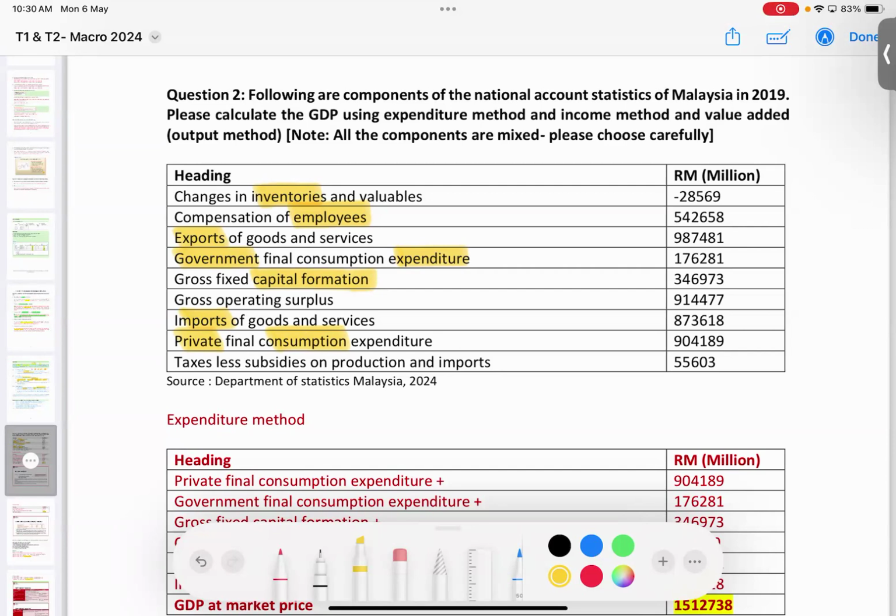So you are being given all this info, and now they want you to use the different methods to calculate. The first one, they want you to calculate the expenditure approach.